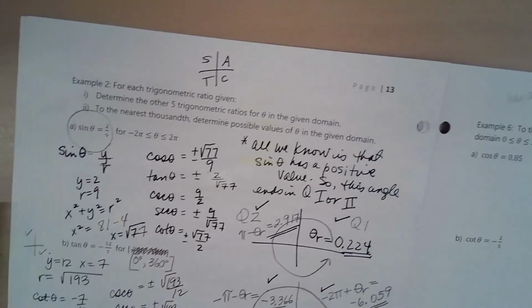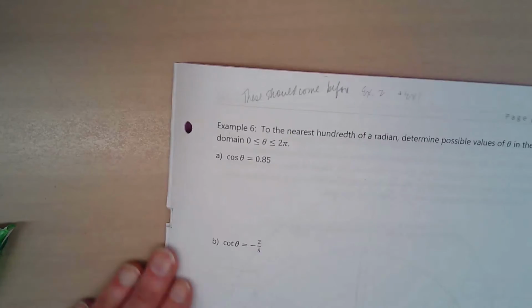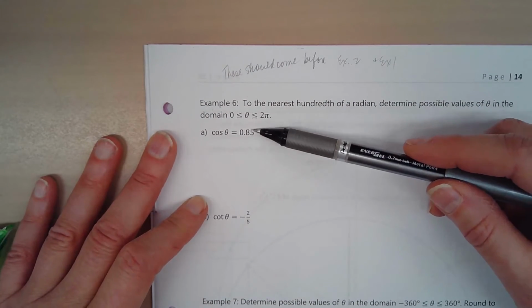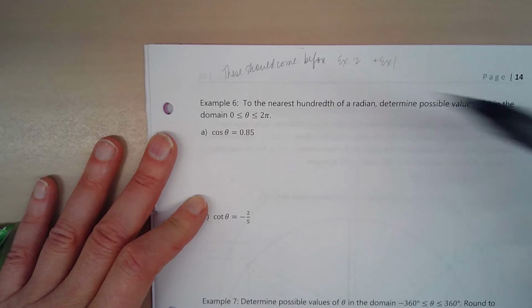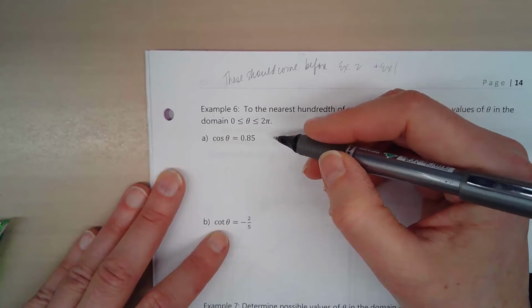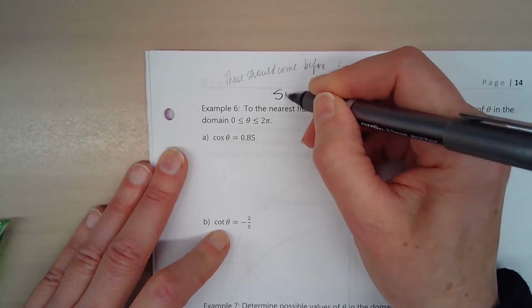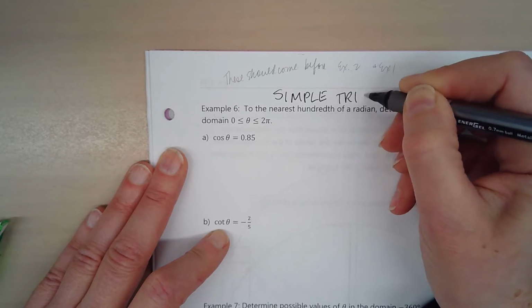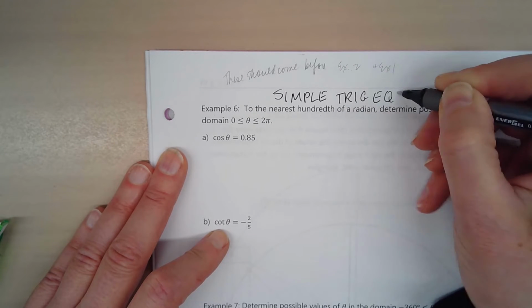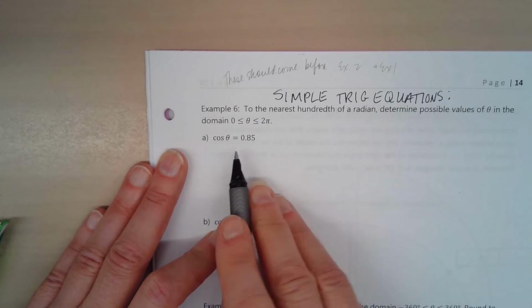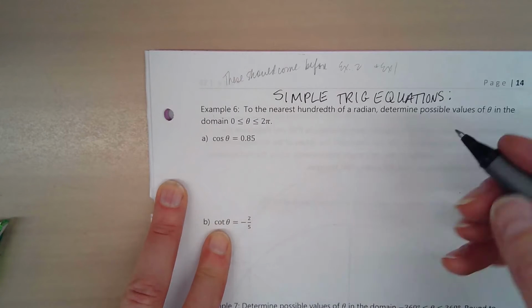So you're doing the same thing, with some of the preliminary steps taken out. They've already done their ratio division. This is a very simple trig equation. A trigonometric equation is when you're being asked to solve for an angle, solve for theta.